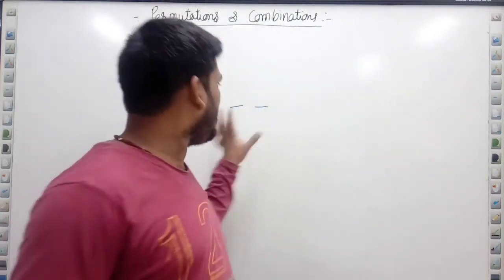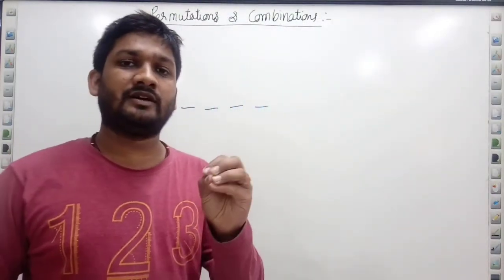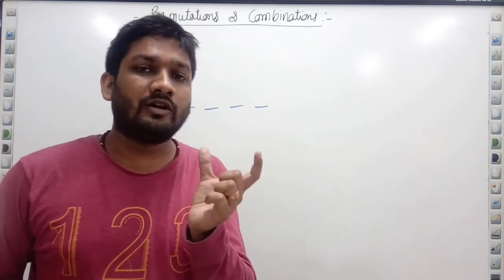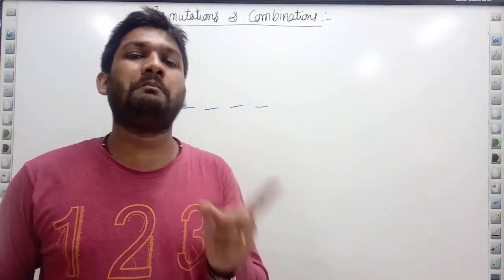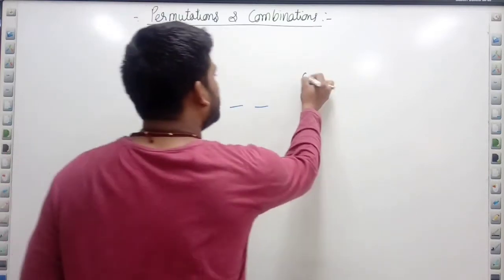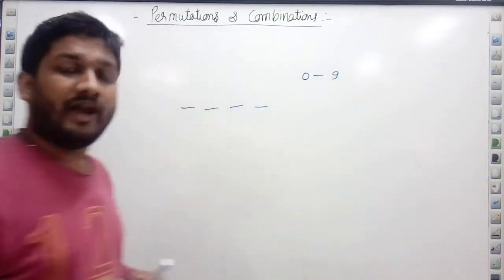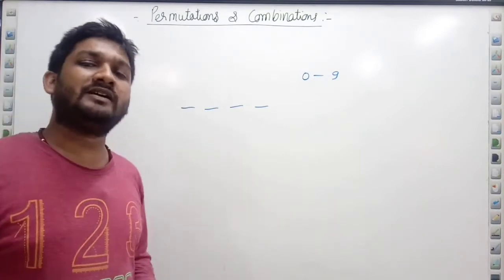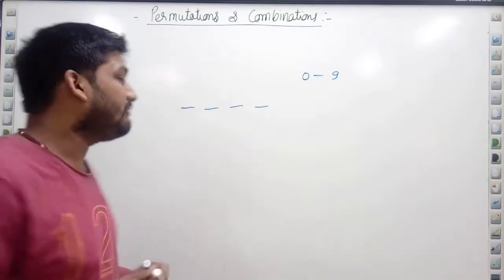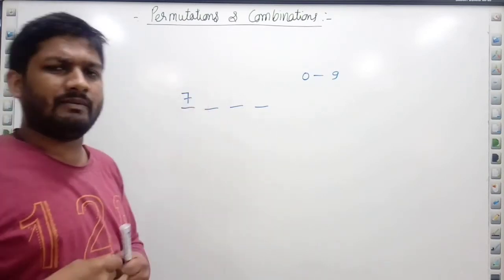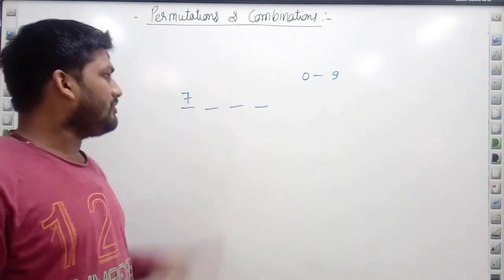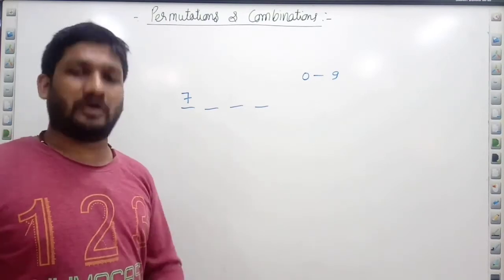The combination of the lock is of 4 digits, from numbers 0 to 9, means we have 10 digits. I only remember that my locker starts with the digit 7 or 8, any number. I remember only one number. The remaining three numbers I forgot.